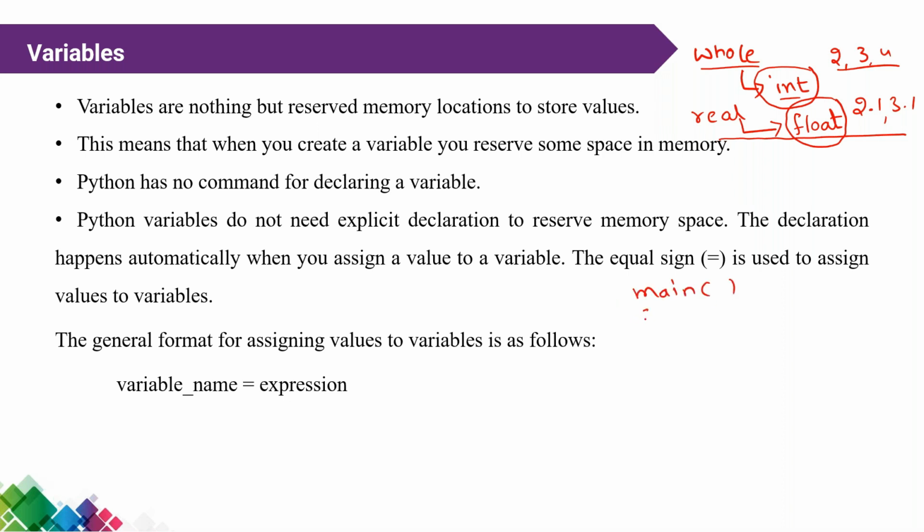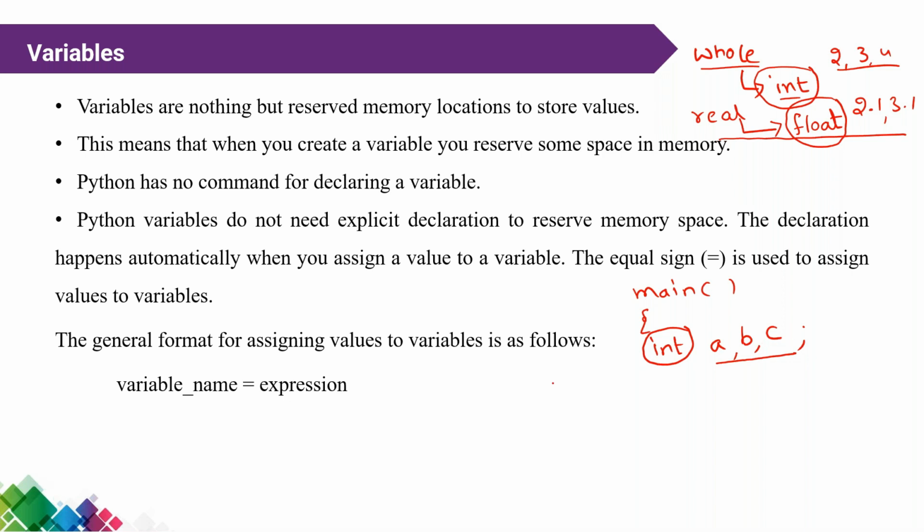In the C program, what is your first step? You have to declare the variables a, b, c. That means in the program I declared three variables A, B, C, and all three hold only integer values.